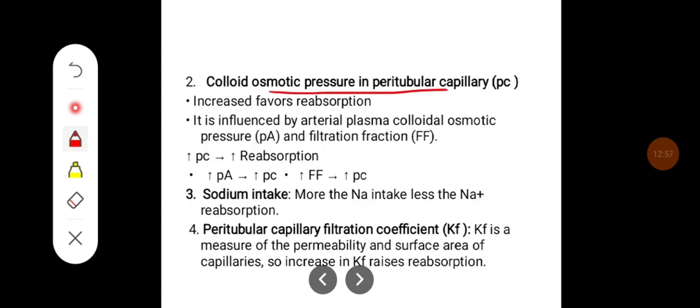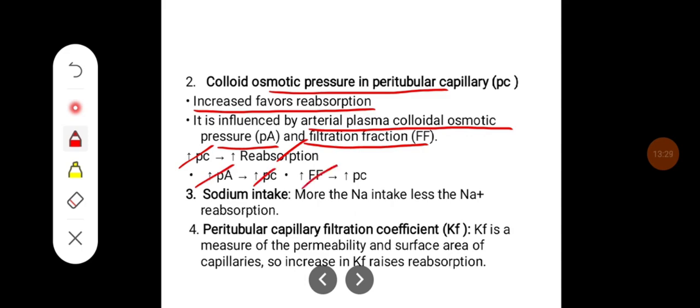The colloidal osmotic pressure in the peritubular capillary, its increased pressure favors the reabsorption, and it is influenced by arterial plasma colloidal osmotic pressure and filtration fraction. If the colloidal osmotic pressure increases, there will be an increase in the reabsorption.